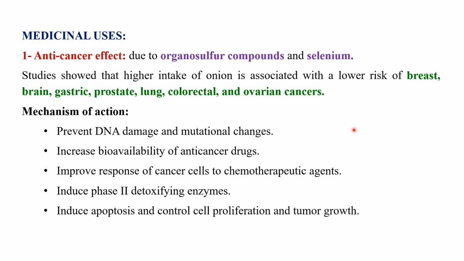Studies suggest that higher intake of onion is associated with a lower risk of breast, brain, gastric, prostate, lung, colorectal, and ovarian cancer. There are several reported mechanisms for the usefulness of onion, either as protection from several cancers or as a supportive treatment strategy for cancer patients.